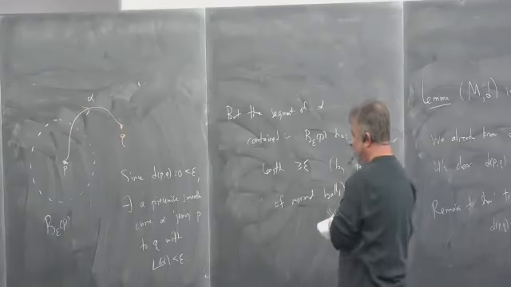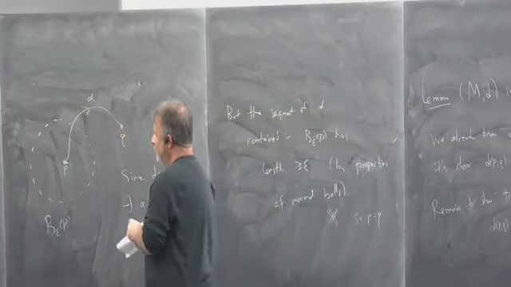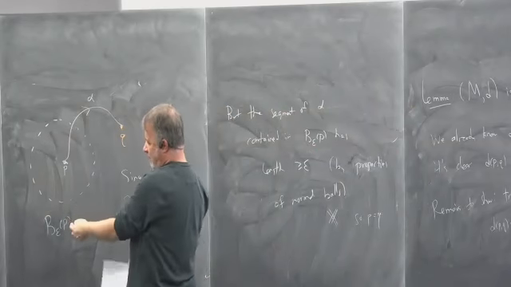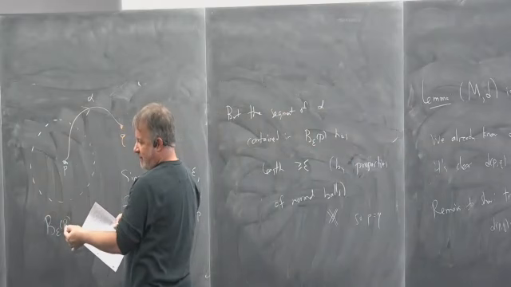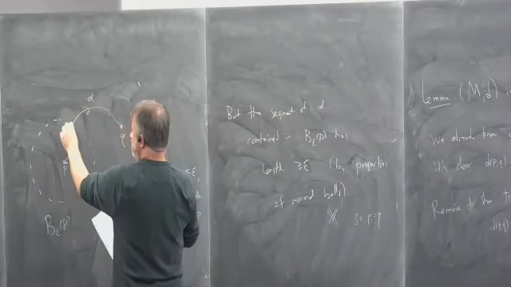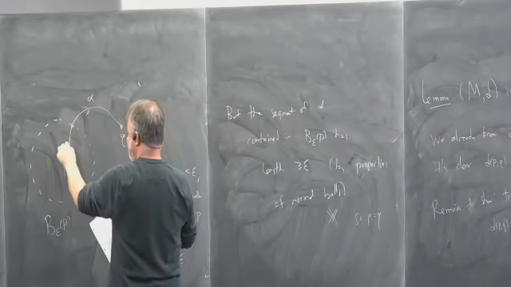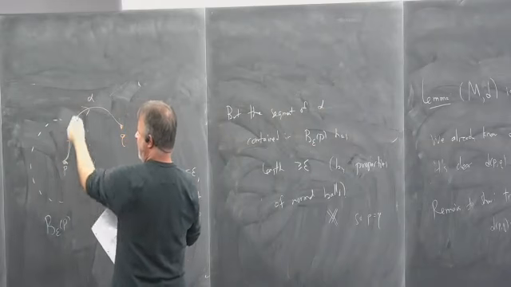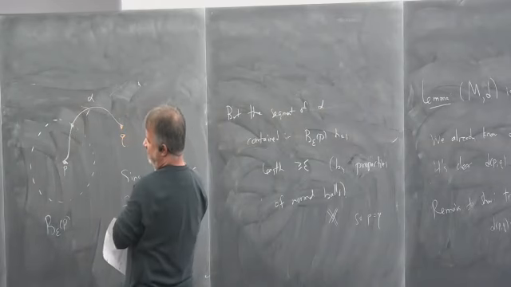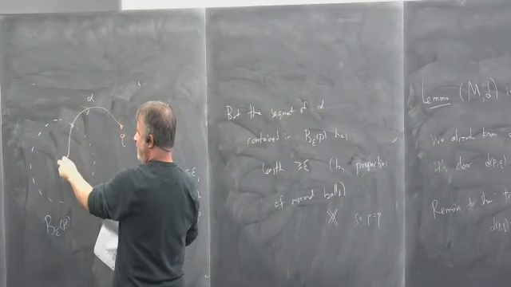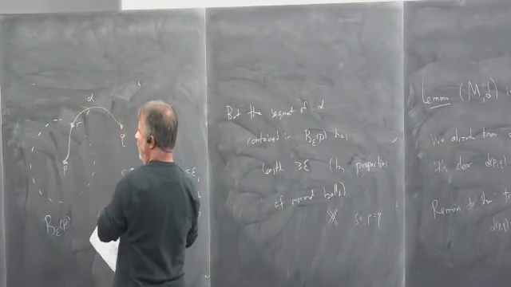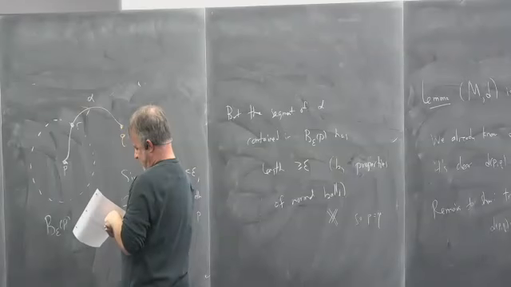So what do I mean here? We proved that if you're in a normal ball, and remember, for a normal ball, that means that the closure is also contained inside the image of an open set on which the exponential map is a diffeomorphism. So this part of alpha is the part before it first hits the boundary of B epsilon P. That's a curve from P to some point R on the boundary.